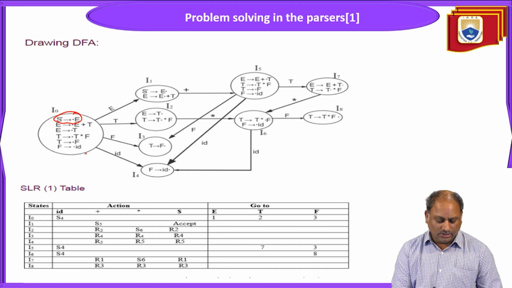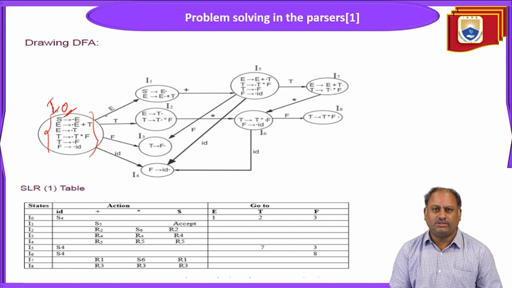That is what is given here, and after this we are going to list out the remaining productions with the dot symbol at the beginning of the right hand side of each production. So we list this and name it as one state, that is I0 state.